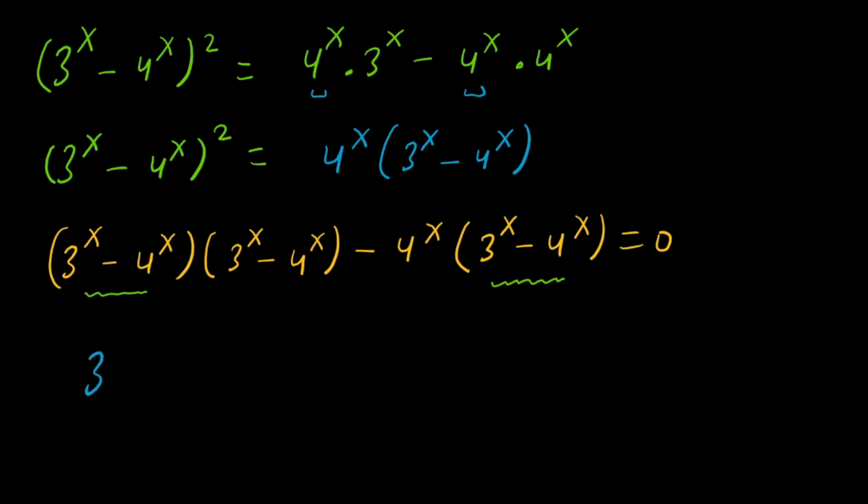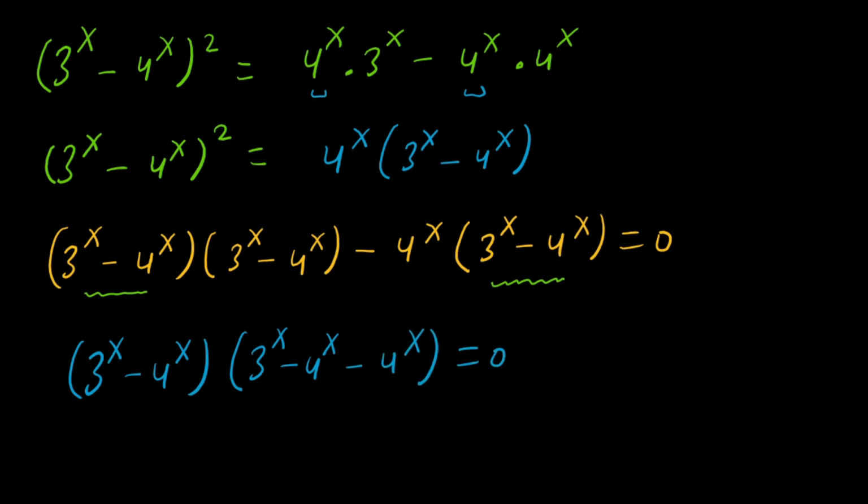If we take it common, then (3^x − 4^x) times (3^x − 4^x − 4^x) equals 0.